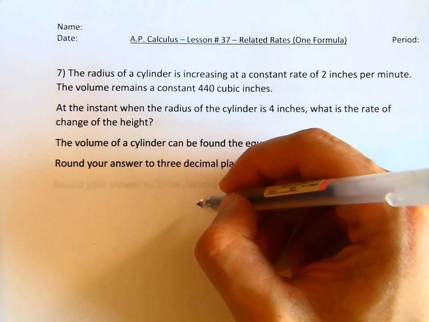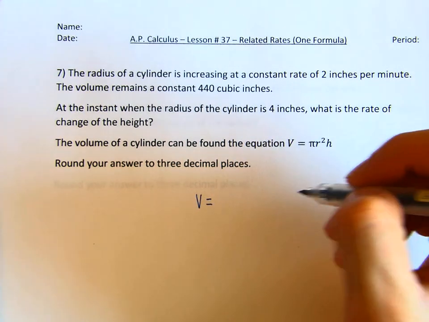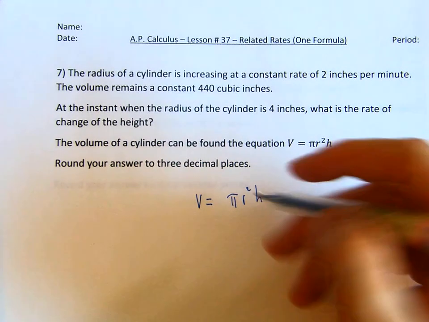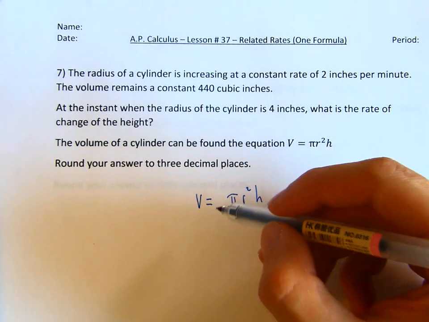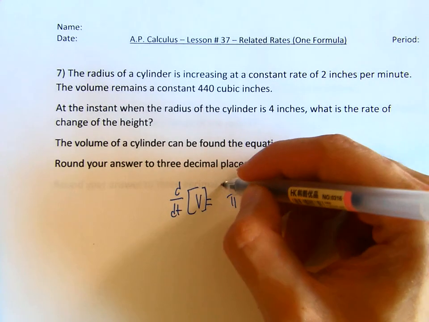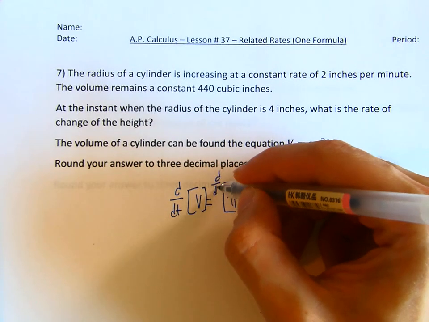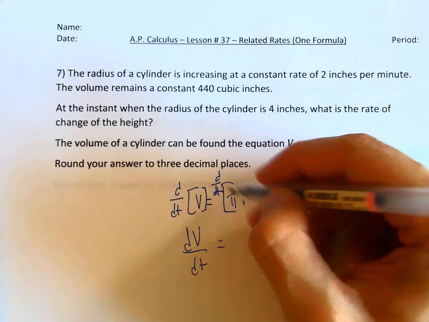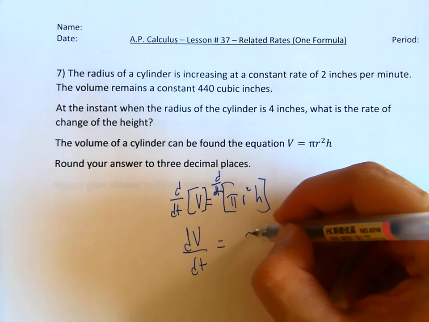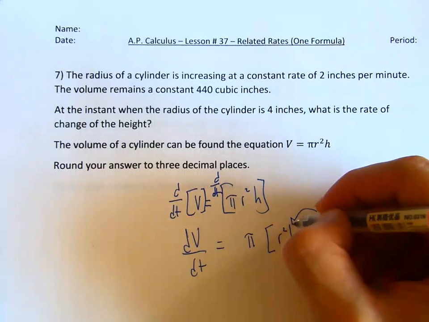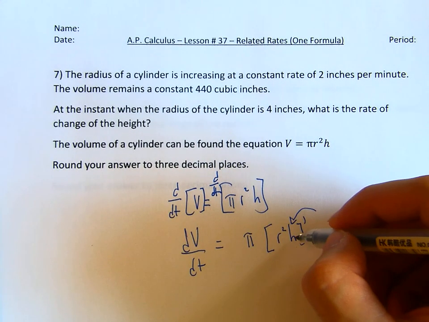But here, the idea is if you have V equals pi r squared h, what is the derivative? What happens if you take d dt on both sides? This becomes dV dt equals pi times the derivative of r squared h. How would you take the derivative of this r squared h?